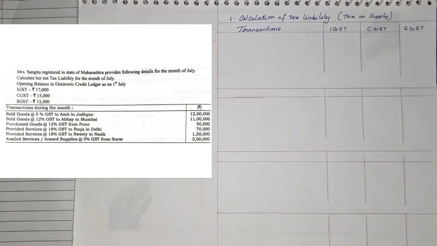Now remember, if you are supplying or purchasing within the same state, listen to this very carefully, then your tax will get split in 2 parts, CGST and SGST. And if you are purchasing or selling into a different state, then you will have one direct common tax, that is IGST.